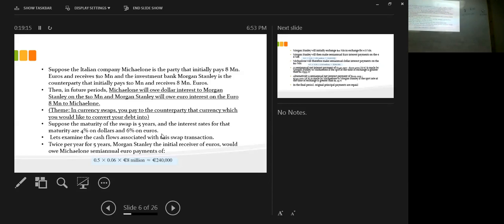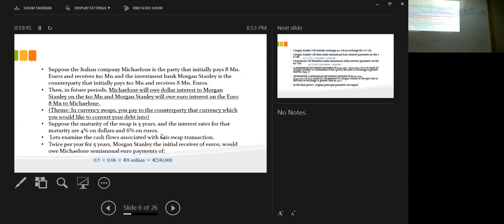So, like I said, the theme in currency swaps is you pay the counterparty the currency which you would like to convert your debt into. So you wanted euro debt, so you pay the counterparty euro. Suppose the maturity of the swap is 5 years, and this occurs at time 0.